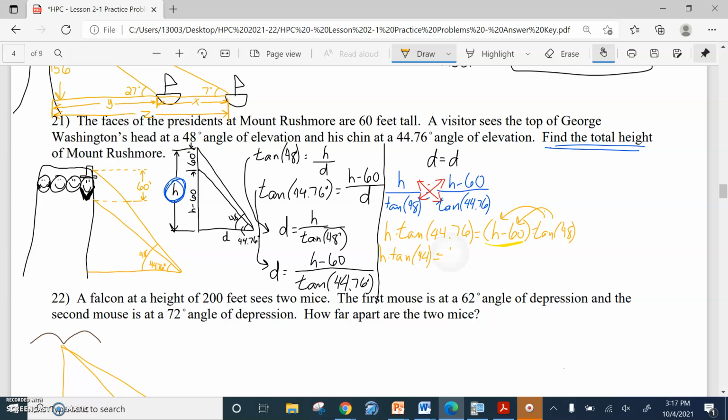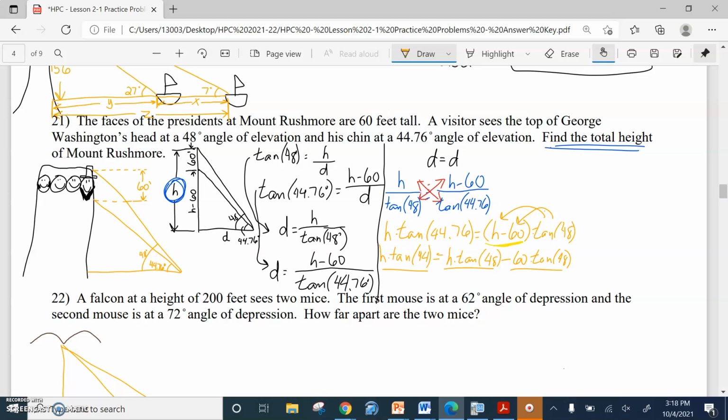So that's h times tangent 48 minus 60 times tangent 48. So now we have everything distributed out. The only parentheses we have are around the angle, but we don't have a parentheses to distribute. So we have term 1, term 2, and term 3.